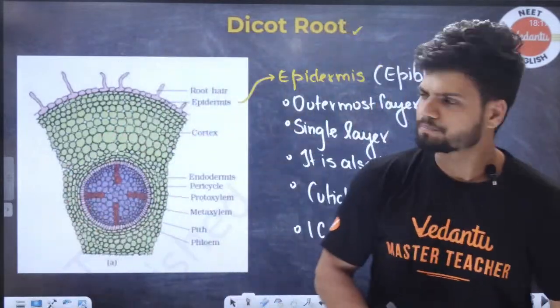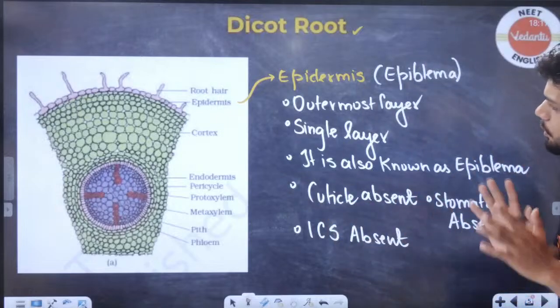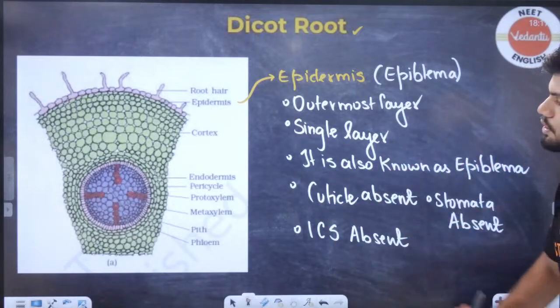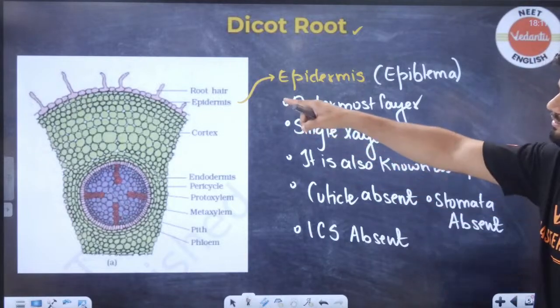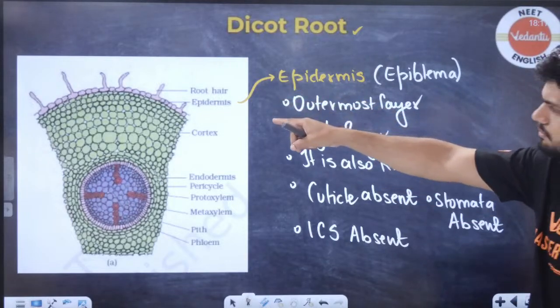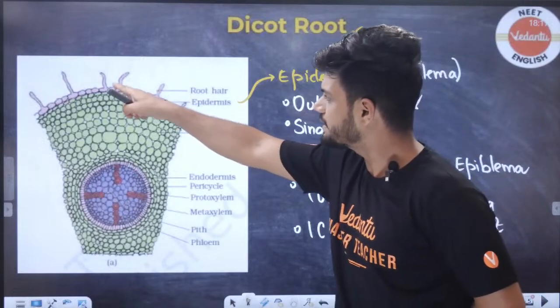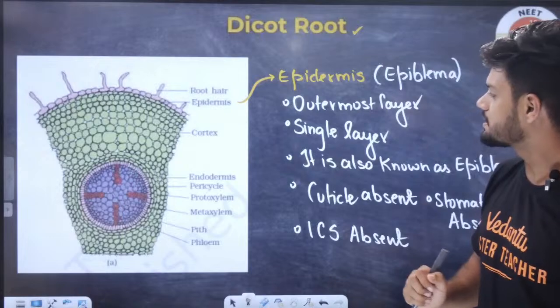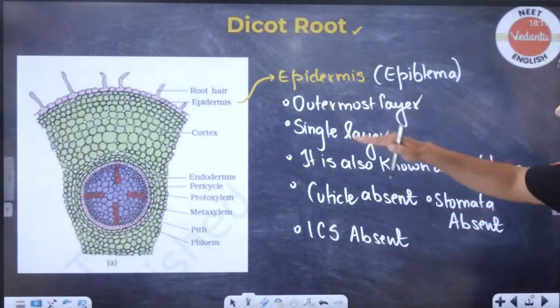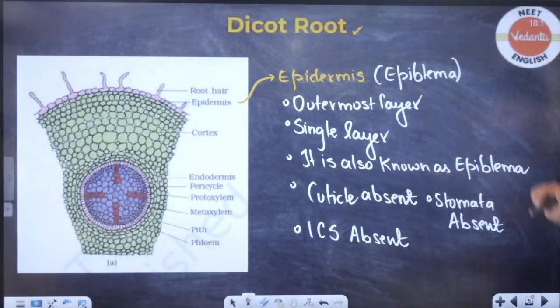Apart from all that, the one thing I have not written here, which is already seen in this epiblema or epidermis, is: can you see any appendages coming out? It is the outermost layer, single layer. It is also known as epiblema.